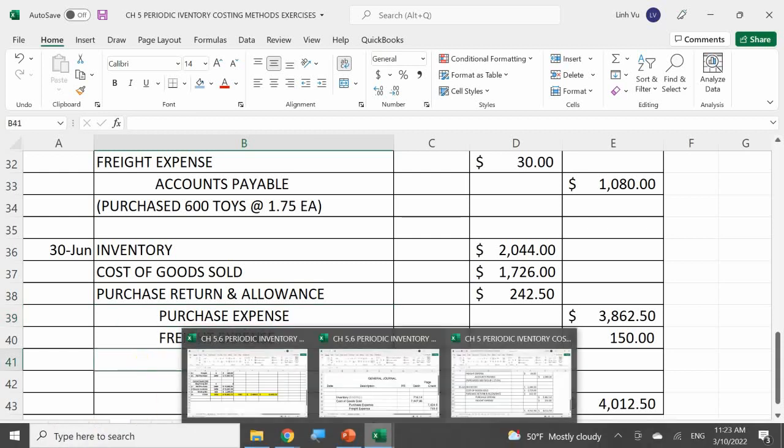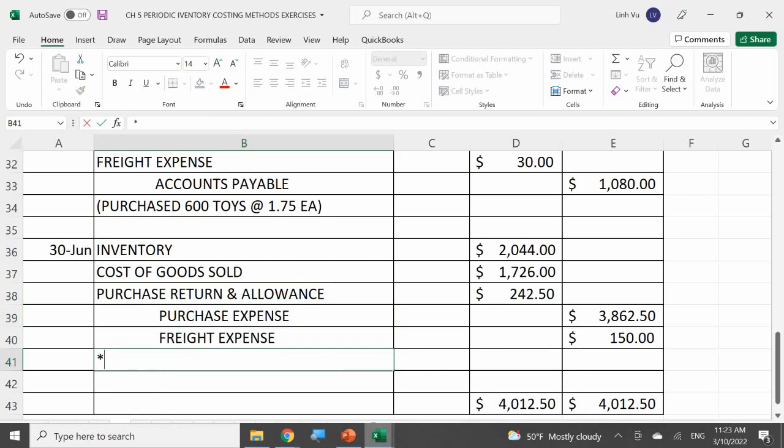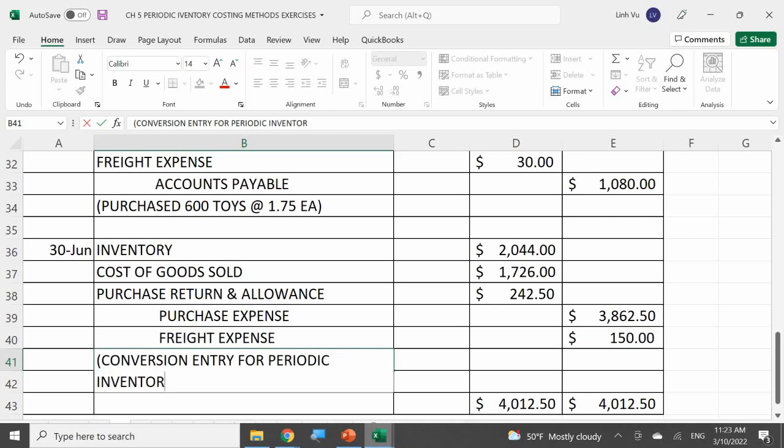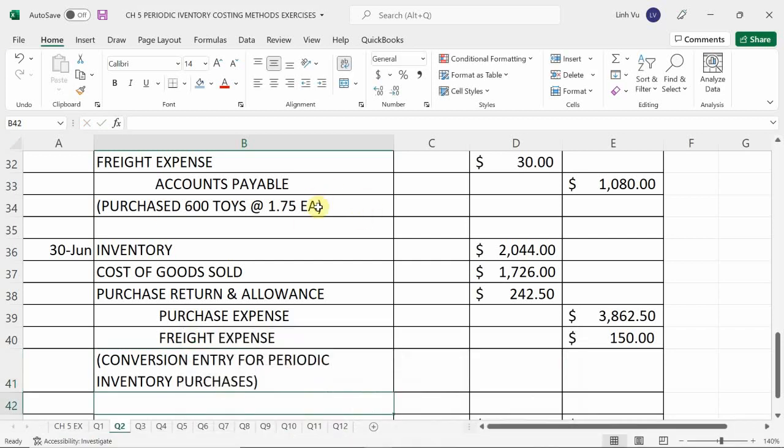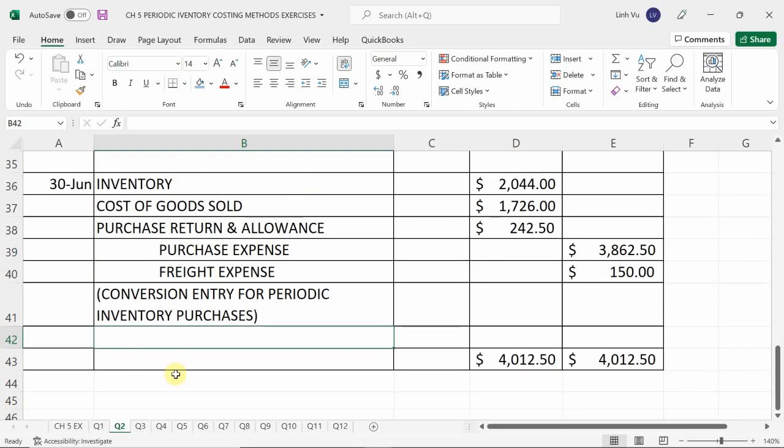Okay, all right. So again, we are going to write here conversion entry for periodic inventory purchases. Any questions in regards to this? And again, your total debits match your total credits.